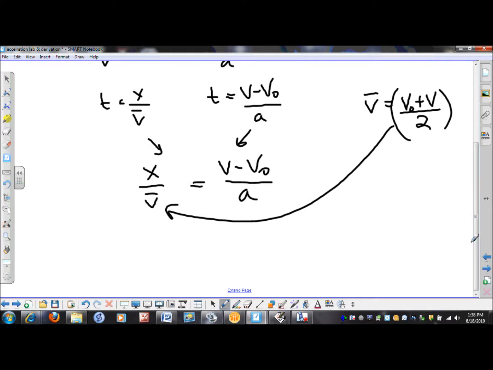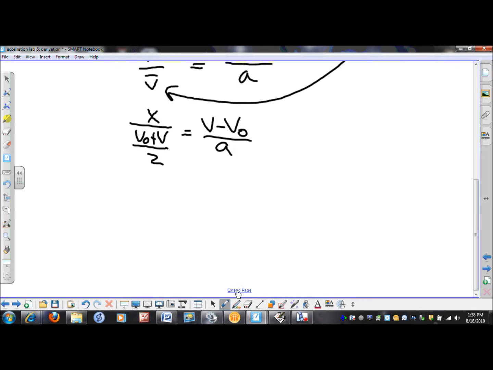So that becomes x over v naught plus v over 2, fraction in the denominator, and then equals v minus v naught over a. Now, there's probably a cleaner way to write this. Yeah, 2x over v naught plus v.